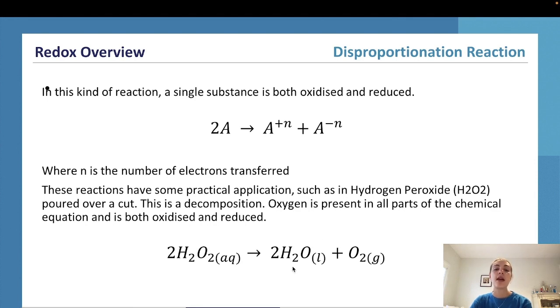The hydrogen is acting as a spectator ion in this circumstance because it hasn't changed. It's just acting to be bonded to by the oxygen.